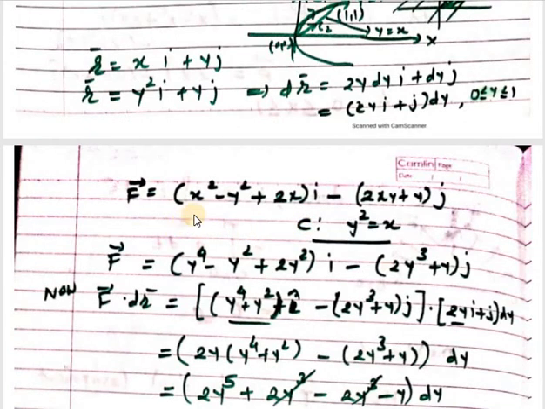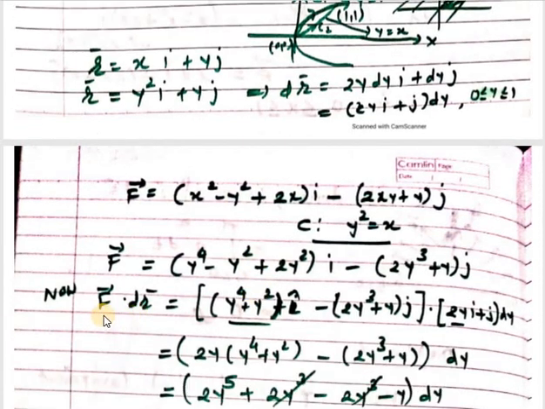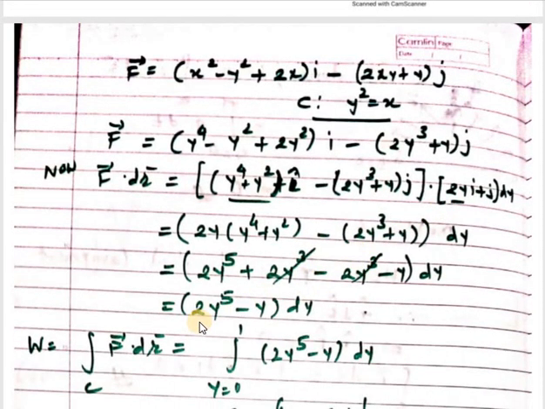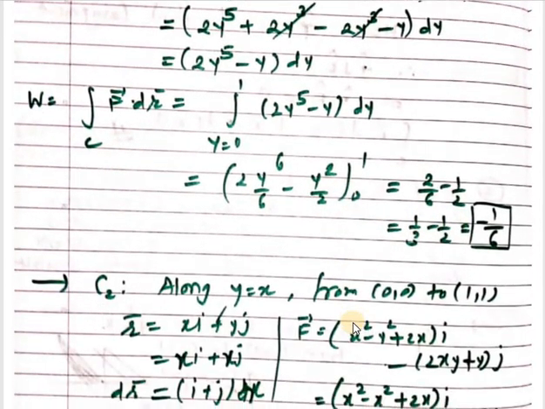So here f bar will be in terms of y, and again we can determine f bar into dr bar, and when we take its dot product and simplify, we will get (2y^5 - y) dy. So the y coordinate is there, so we can find its work done, so it will be minus 1 by 6.